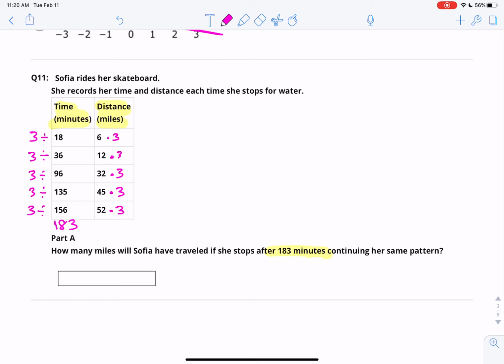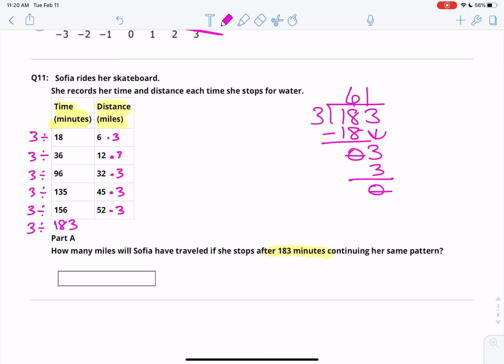So that means if I know it's 183 minutes, I know if I divide the minutes by 3, I'll get the distance. So 183 divided by 3, well, 3 doesn't go into 1, but 3 goes into 18 6 times, right? I drop my 3. 3 goes into 3 1 time, and I get 3. So my answer is going to be 61.